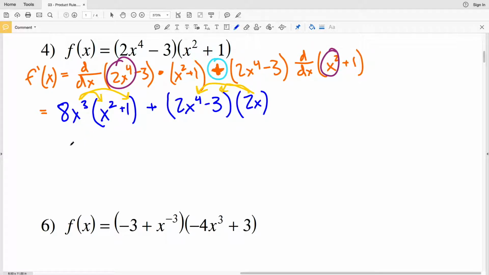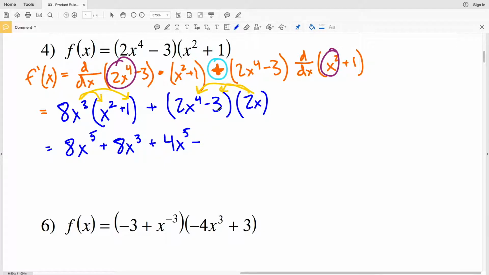8x cubed times x squared is 8x to the fifth, plus 8x cubed times 1 is 8x cubed, plus 2x to the fourth times 2x is 4x to the fifth, because 2 times 2 is 4, and x to the fourth times x is x to the 4 plus 1.